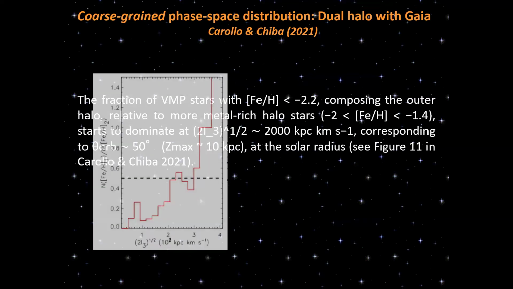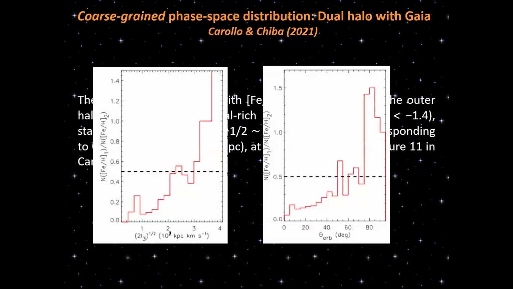We also considered the fraction, the number of stars in the very metal poor regime with metallicity below minus 2.2, over the number of stars with higher metallicities in the inner halo region, as a function of the third integral, and this is the orbital angle.